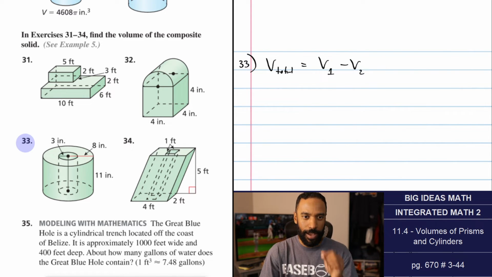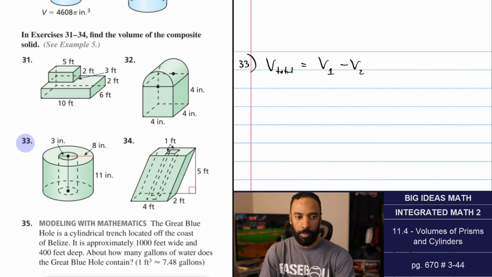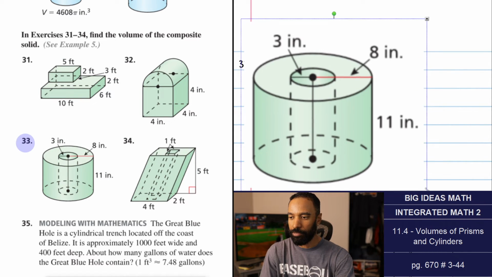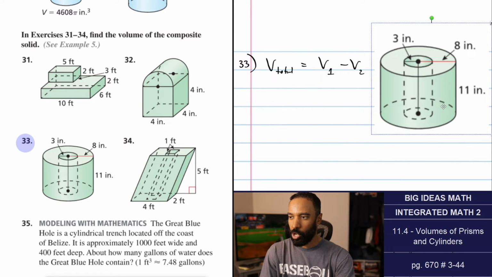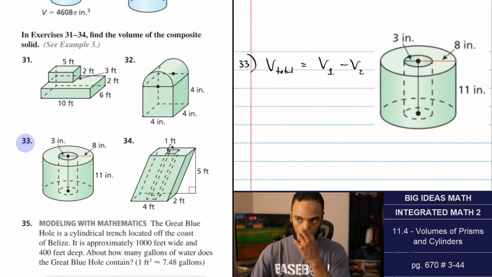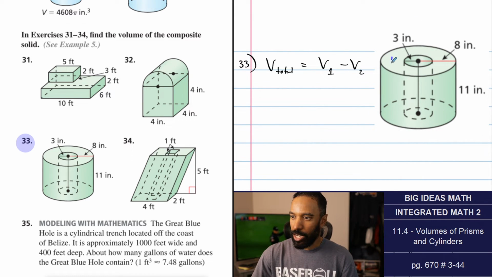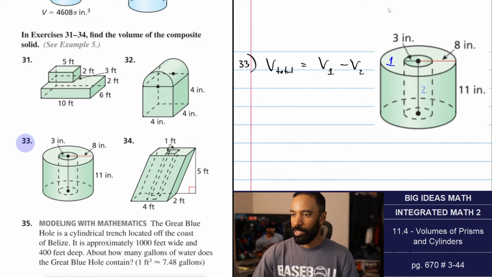I'll copy and paste this and call them 1 and 2. You have to be good at looking into the shape itself to make sense of that. When I say this, I'm talking about object 1 as the outside and the inside as object 2. Perhaps if I make it a little more transparent, you can see it.